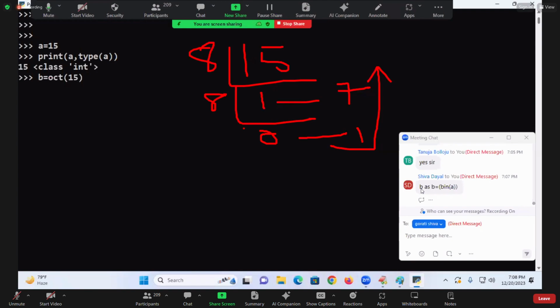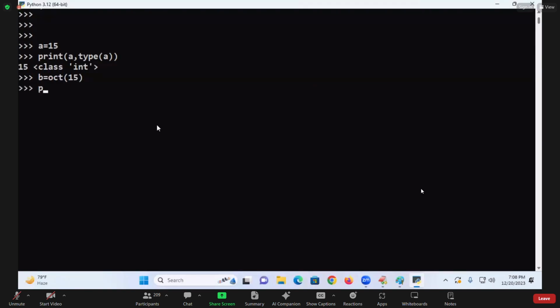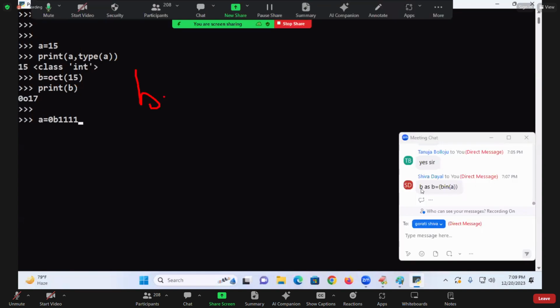So here I am printing B. What is this now? 0o17. That indicates octal. Got it? Similarly, go to the next. A is equal to 0b1111.